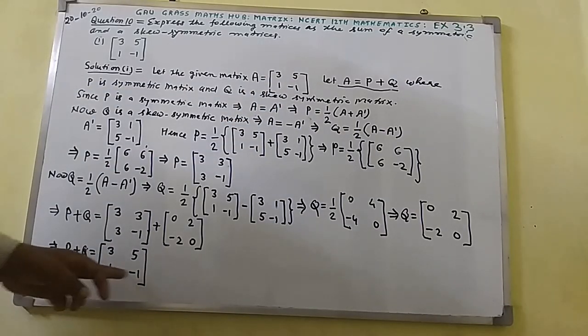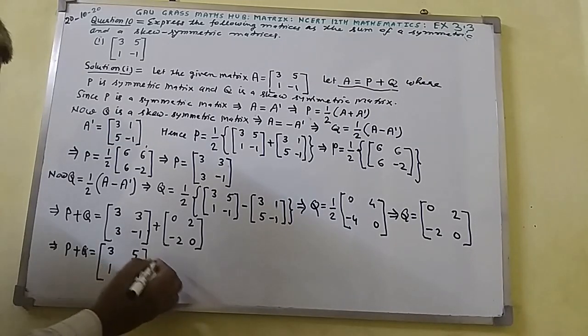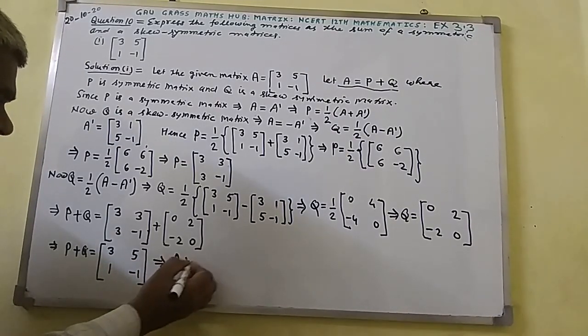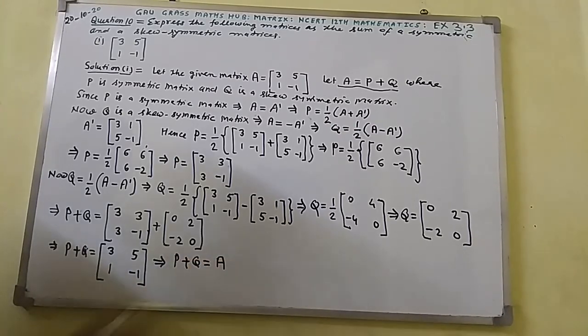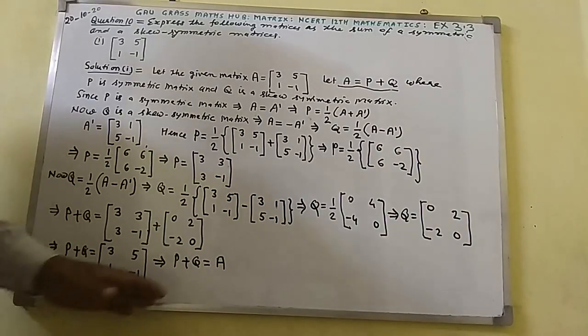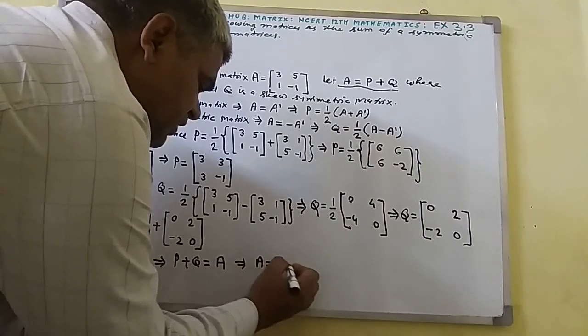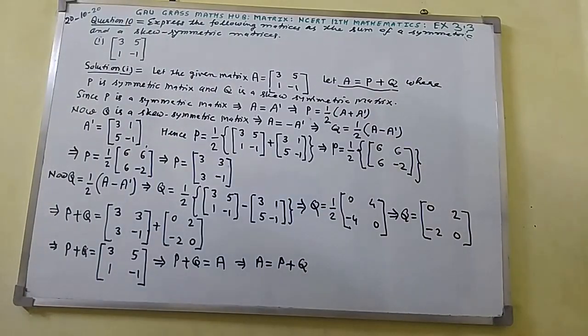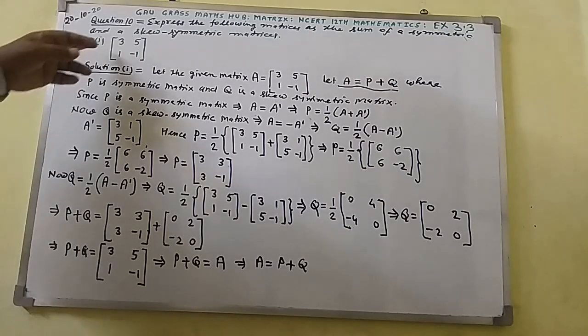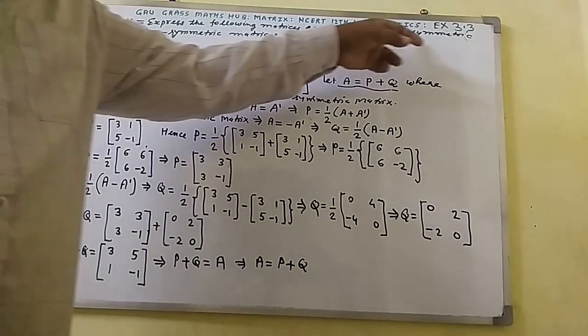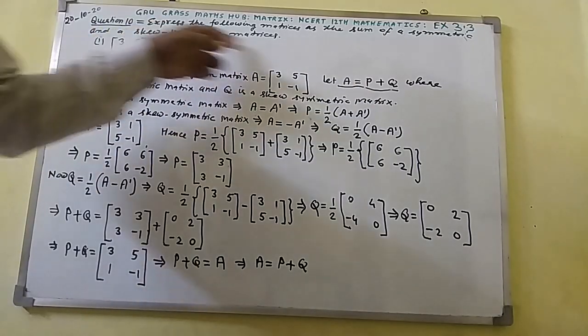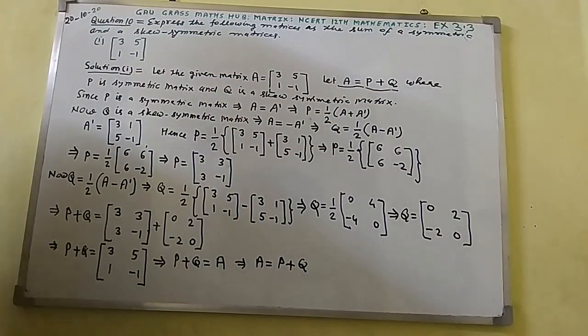So P plus Q equals A. One step more, A equals P plus Q. So this is the proper expression of the given matrix A as the sum of the symmetric matrix P and the skew symmetric matrix Q. This is the proper solution of question number 10.